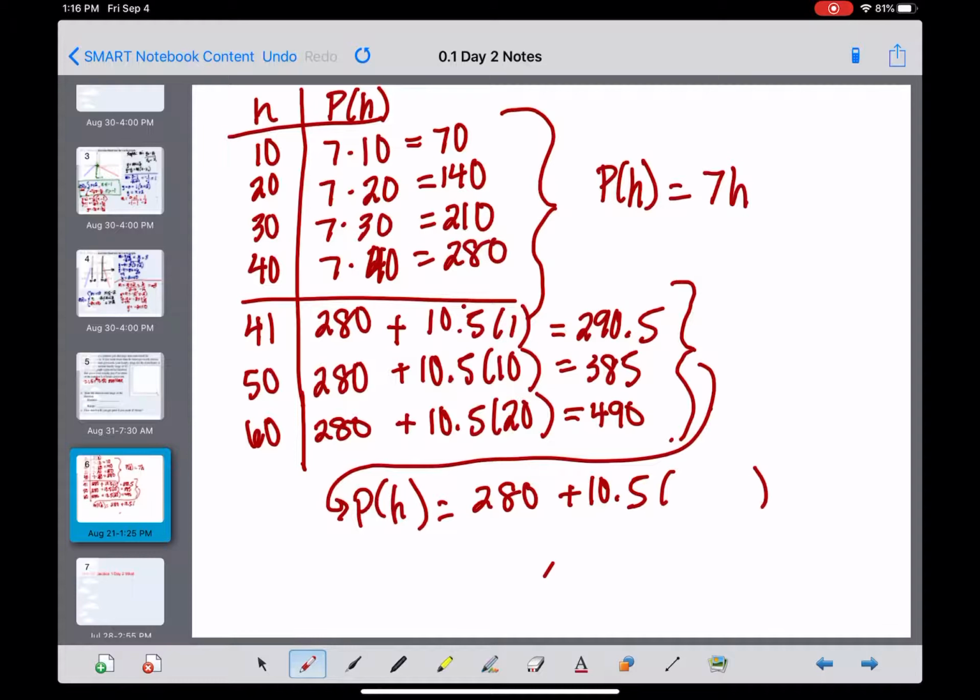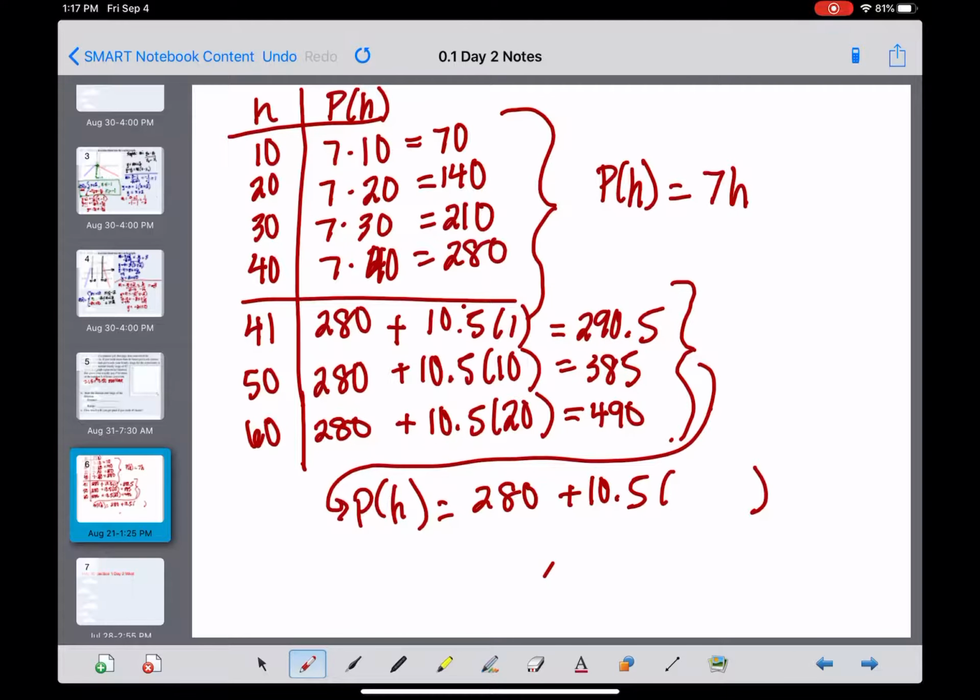Now this is the number that's changing. I'm plugging in an H into this equation. So if I plug in 41 into this equation, I'm not taking 41 times 10.5. So this can't be just an H.